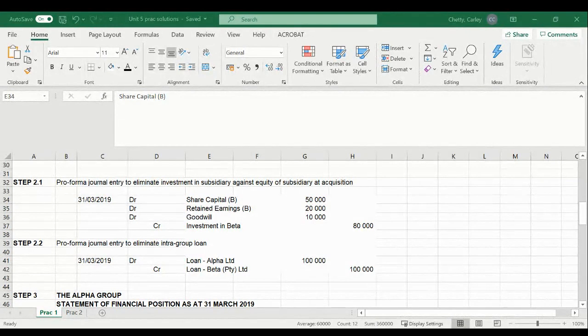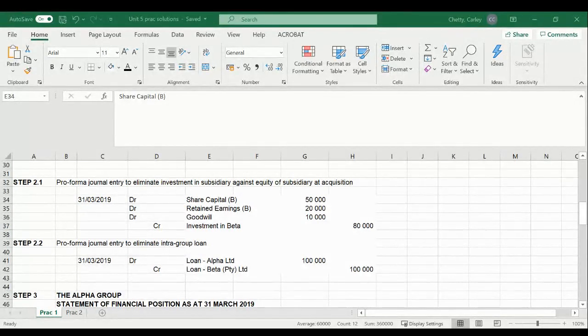Because it is a debit investment in Beta in Alpha's trial balance, to eliminate it we need to credit it. So the pro forma journal entries will show a credit investment in Beta of 80,000. So this shows the consideration paid.